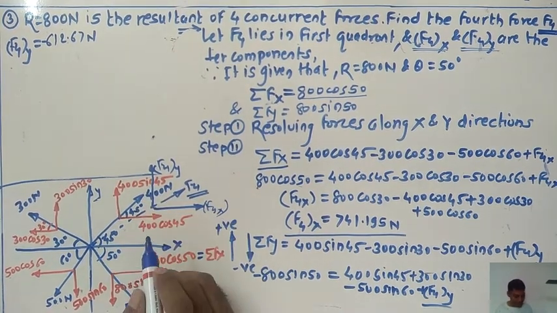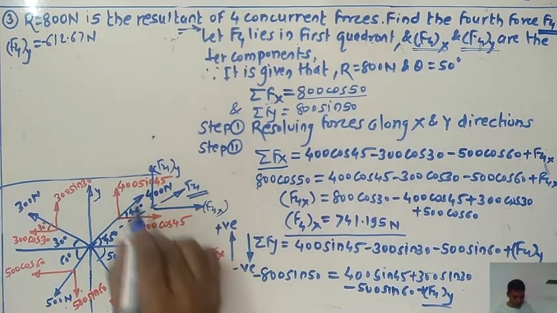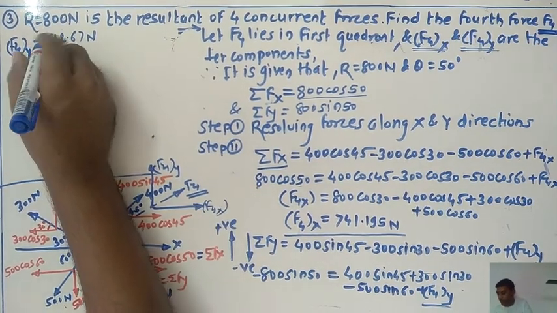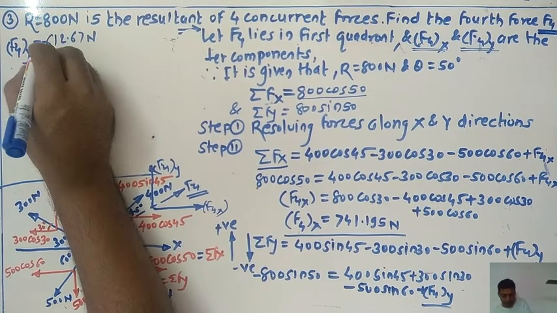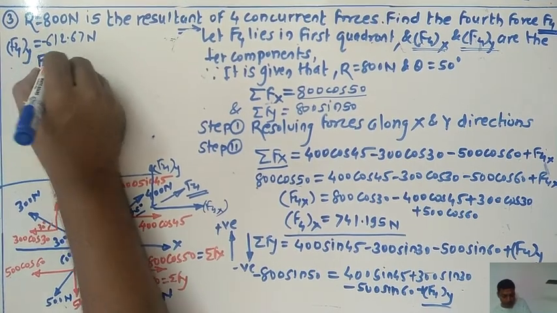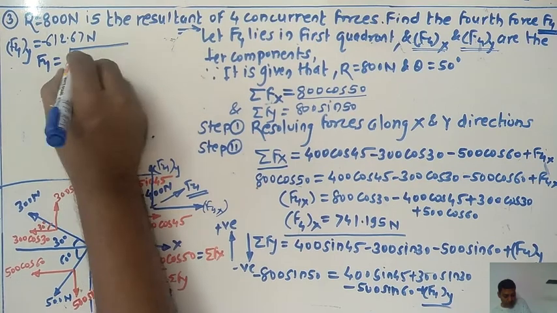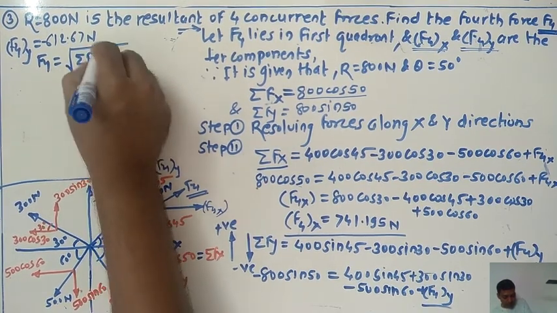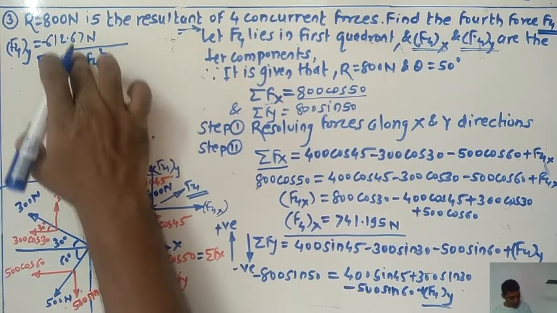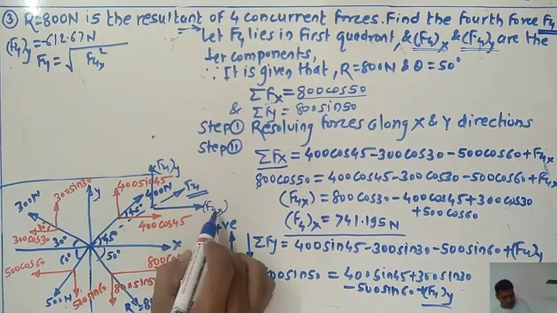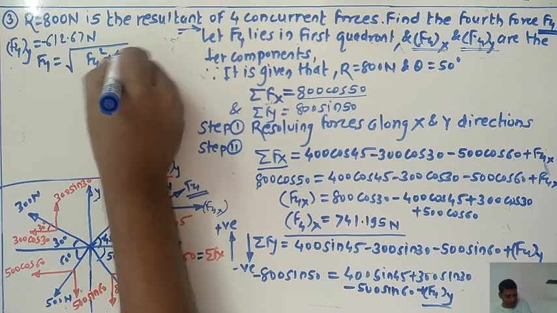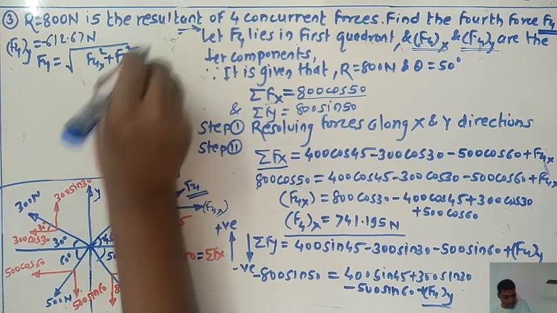So F4 is the square root of F4x squared plus F4y squared.